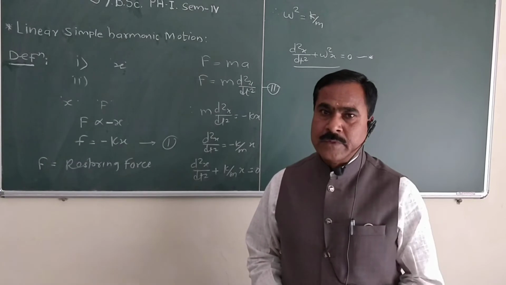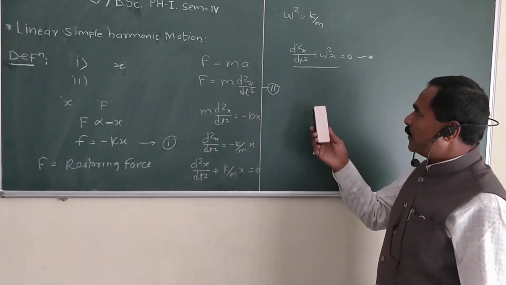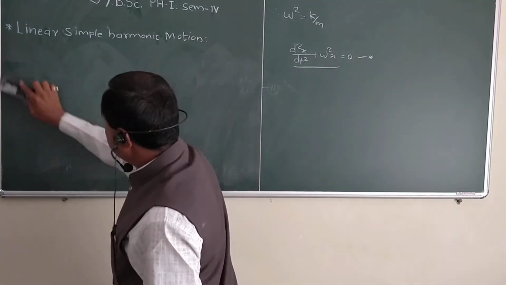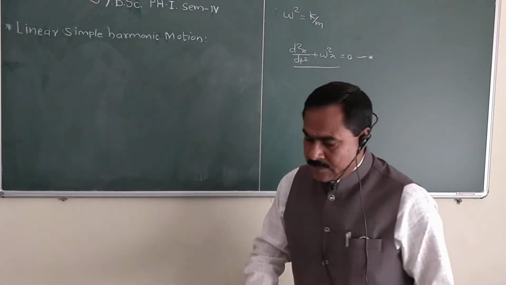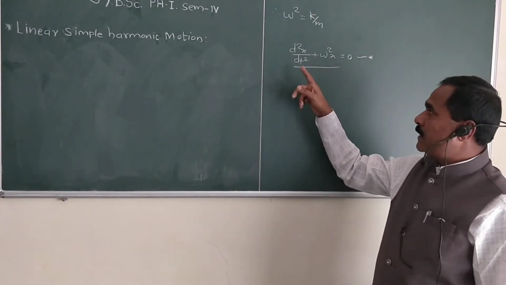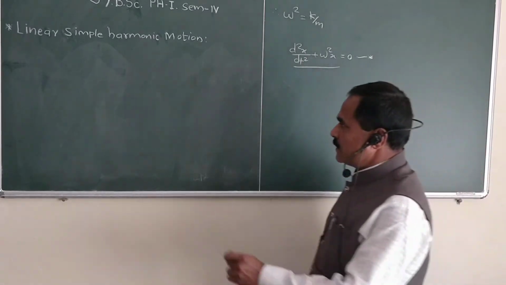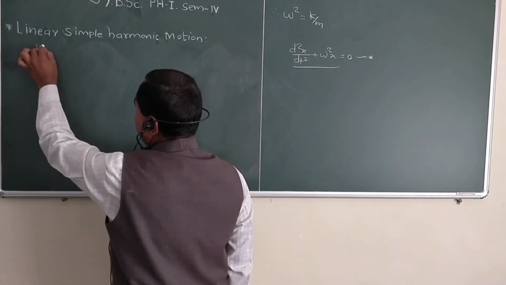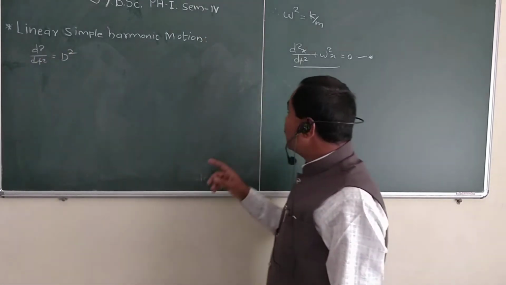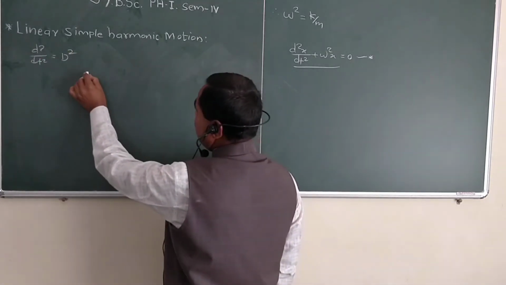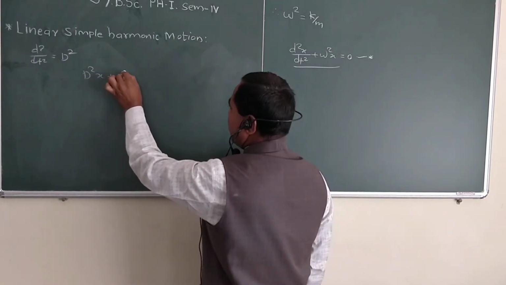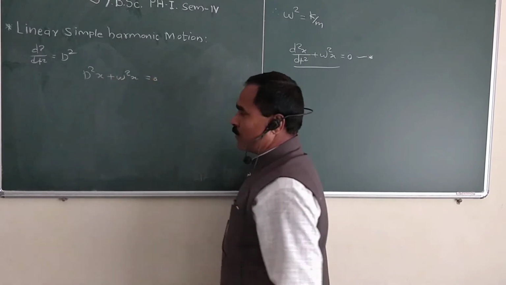Then next we obtain the solution of this differential equation. Therefore, here we use the operator capital D square instead of d2 by dt square. So putting d2 by dt square equal to D square, we write this equation as D square x plus omega square x equal to 0.